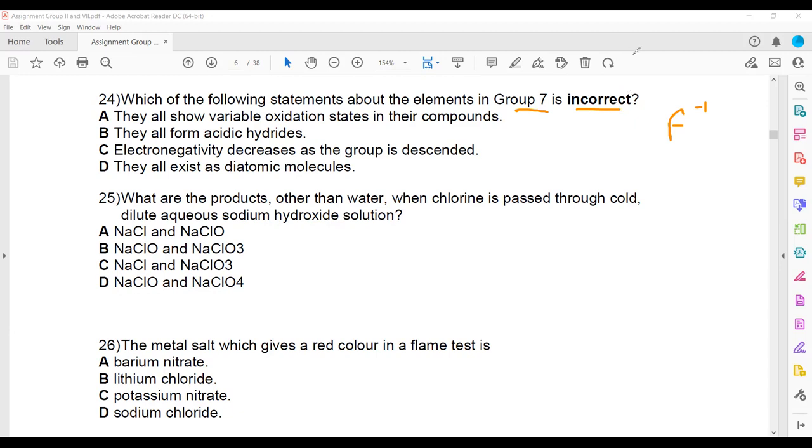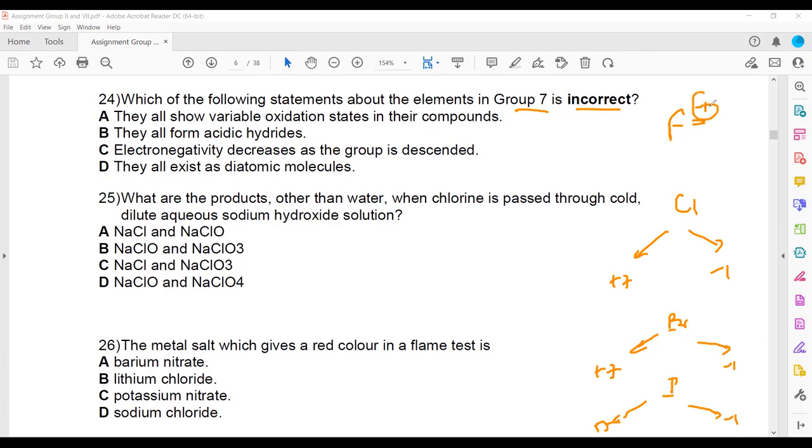Fluorine is the most electronegative element. It only needs one electron. So for fluorine, it is always -1. Chlorine may have a variation, as we mentioned, from +7 to -1. Bromine also may have a variation from +7 to -1, and the same thing for iodine. But especially for fluorine, due to the high electronegativity and greater tendency to attract electrons, it can only take one electron.